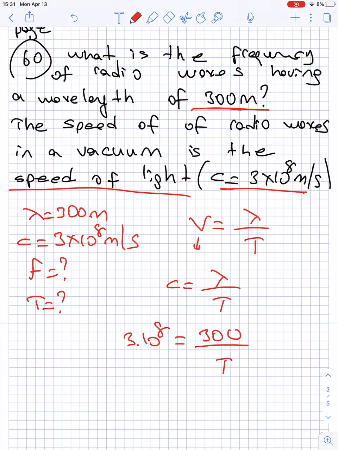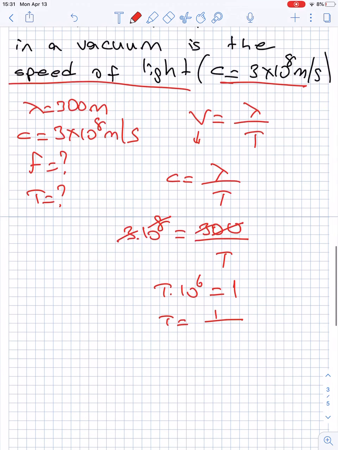Look here, 20 and 20 simplified, and 3 and 3 also simplified. T multiplying 10 to the 6 is equal to 1, and period is equal to 1 over 10 to the 6 seconds.